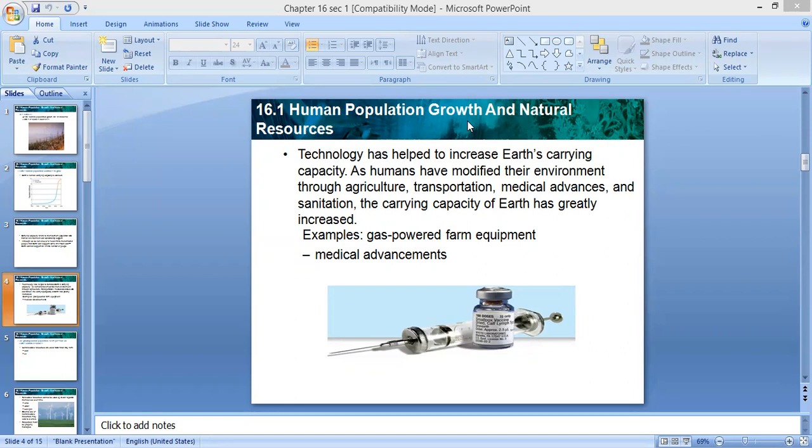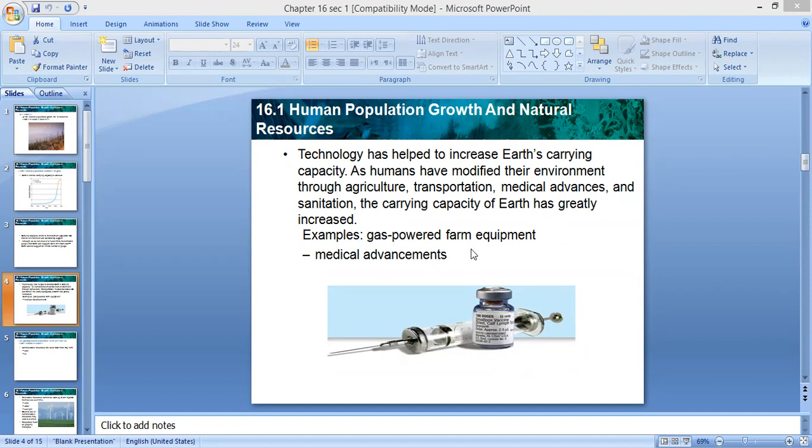When agriculture is by hand, in the old days people used their hands, the human power was used for planting, or for the agriculture. But nowadays technology helps us to make these equipment and gas powered equipment.